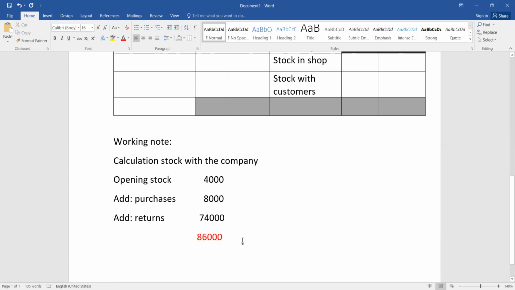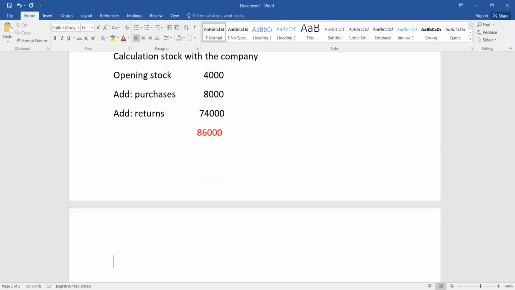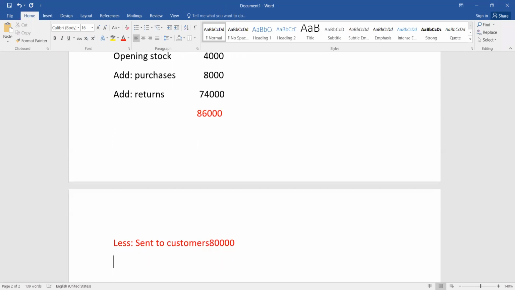But we have sent stock to the customers as well. So less sent to customers. How much was sent to customers? 80,000. So 86,000 minus 80,000, we are going to have 6,000.